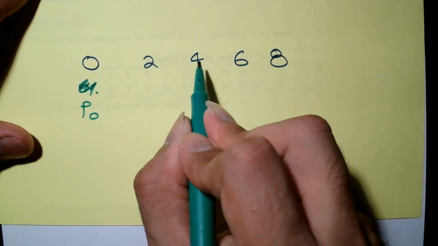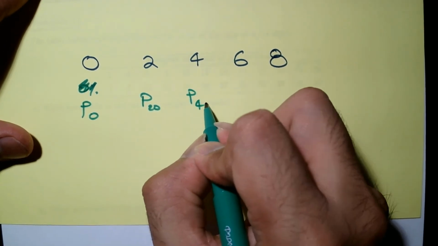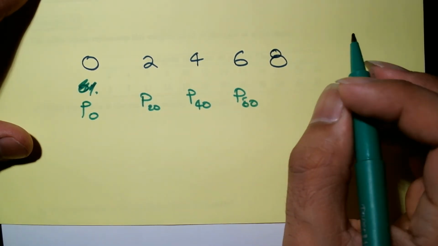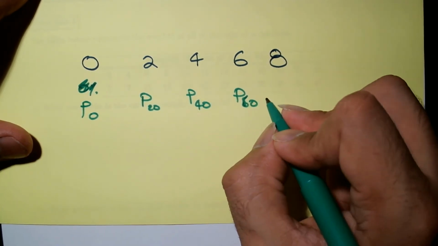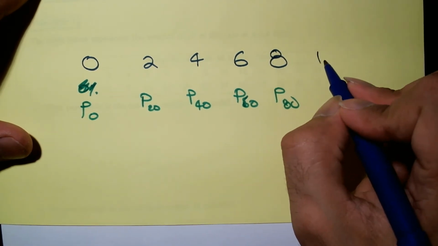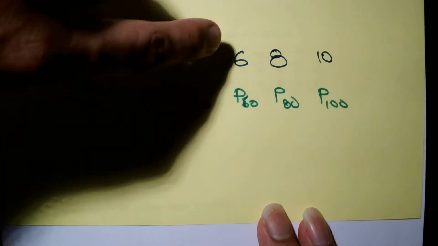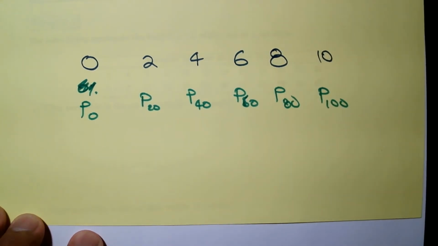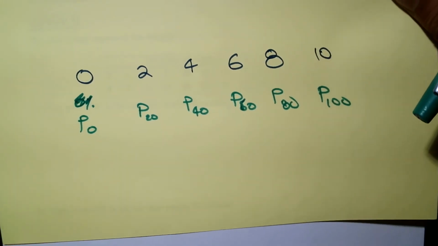The 100% of the data divided by 5 is going to be P20, P40, P60, P80. Let me add one more, otherwise we're not going to get 100%, and that's P100. So the number 6 in this list of numbers is the 60th percentile, the 60th place on the scale from 0 to 100.